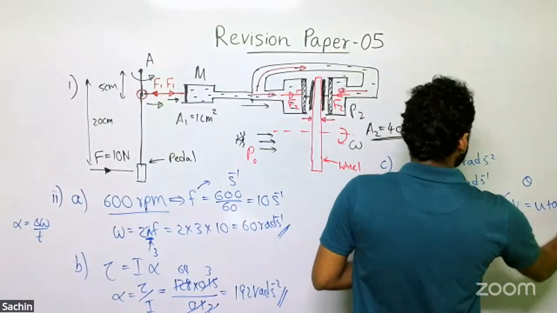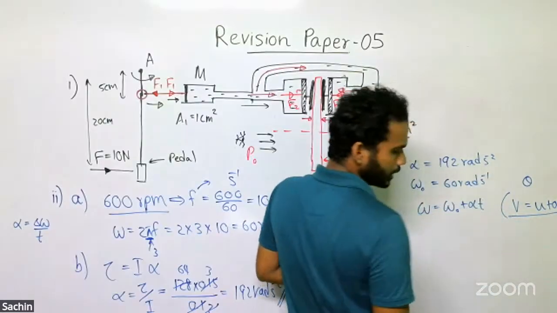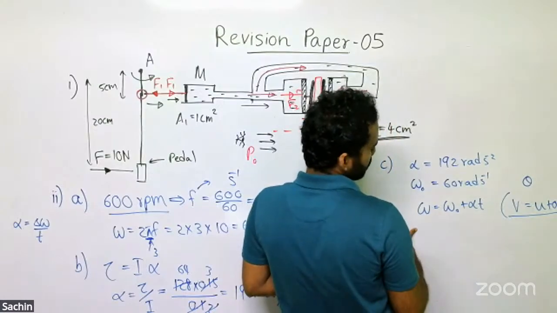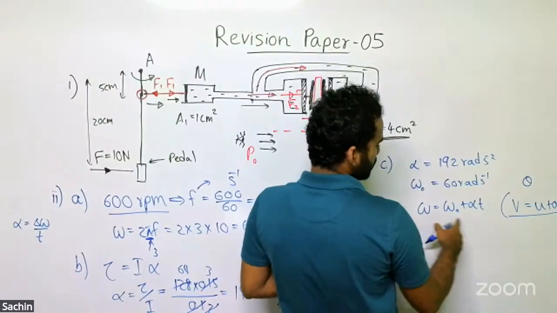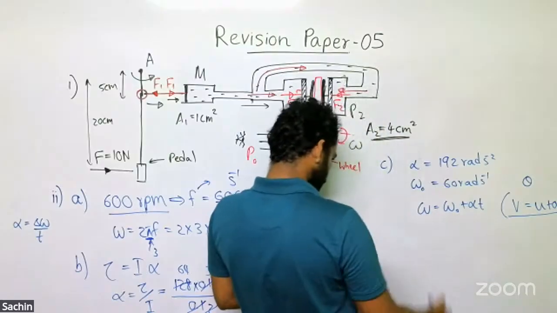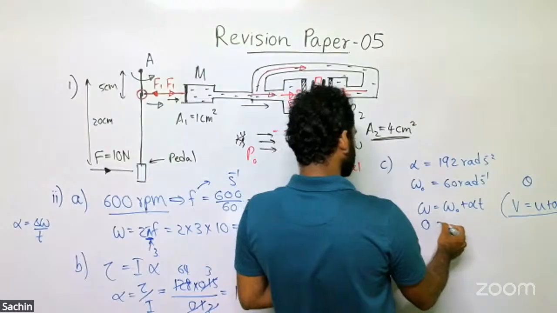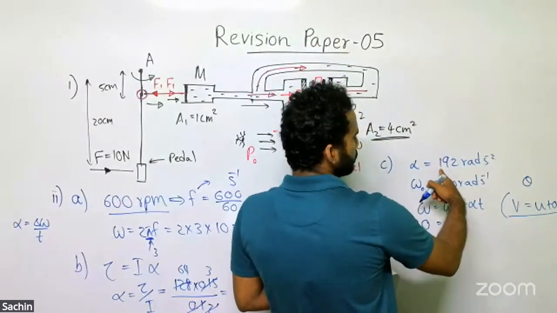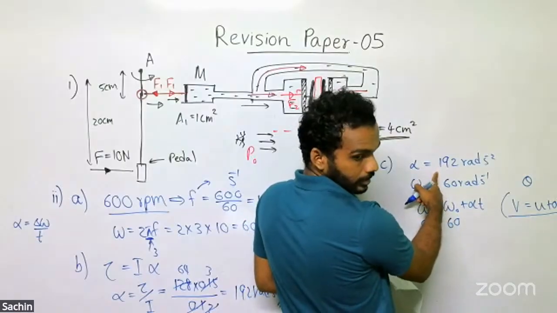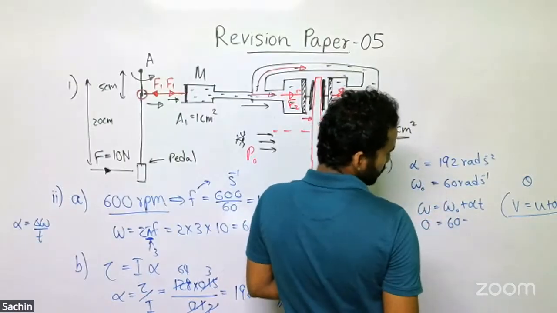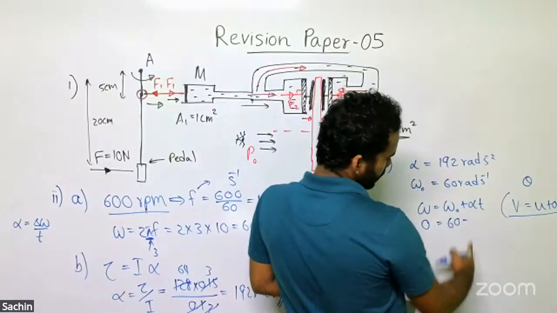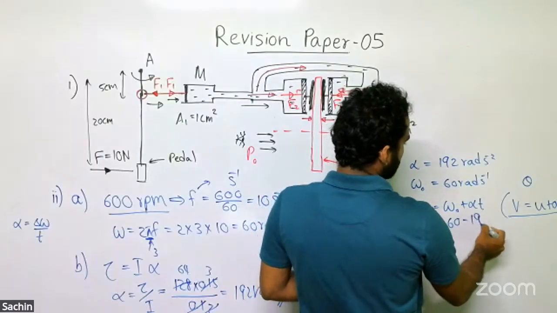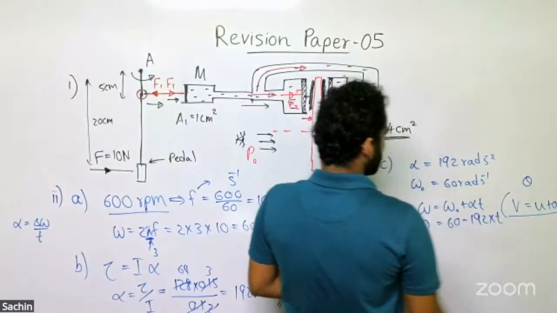By the way, v equals u plus at is used for linear motion, and the same thing for rotational motion is final omega equals initial omega plus alpha t. Finally, omega is 0. Initially it was 60, and this is 192. This is a deceleration, so in this equation you should include a minus sign, which gives you the direction, times t.